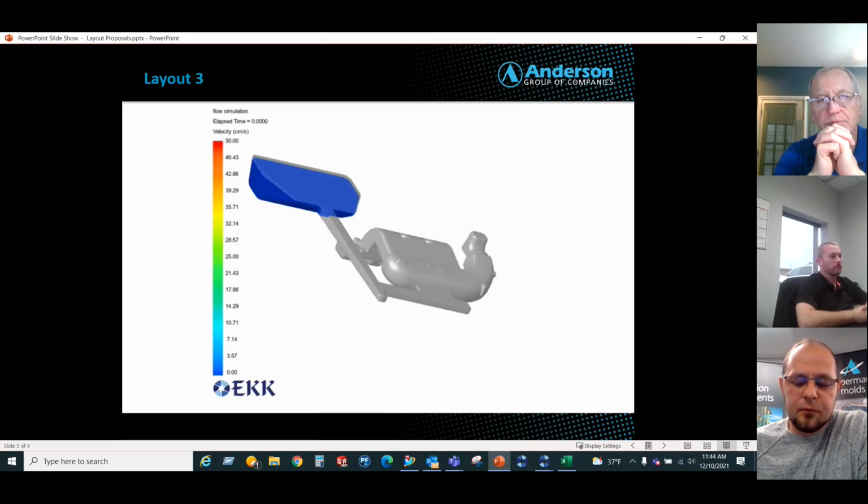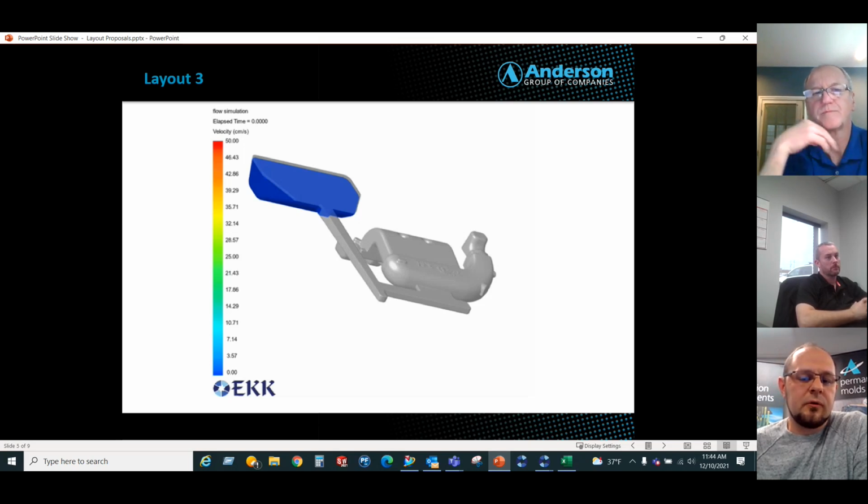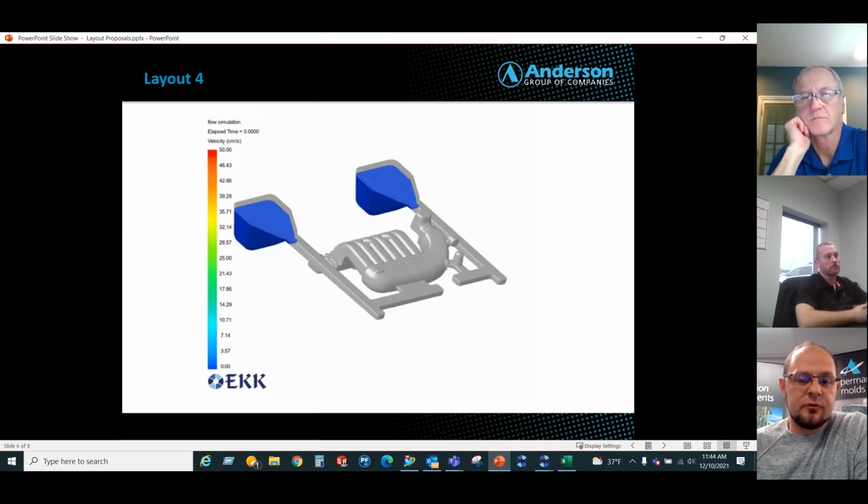And so those are just examples of layouts where we switch things up, and on this particular example, things get a little bit more complicated because maybe we couldn't achieve desired velocities, or there's undesired velocities or cold shots. So those are just examples of how we progress to a finished layout.